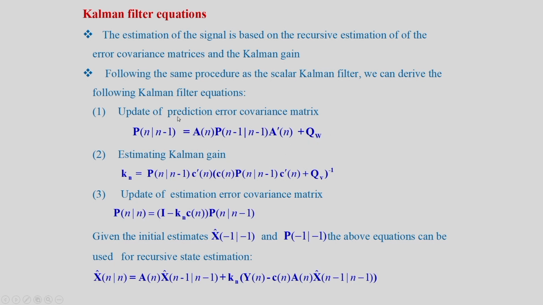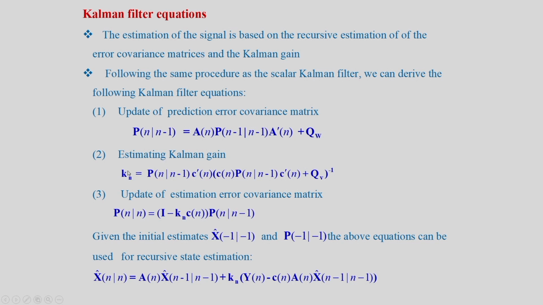First one is the update of the prediction error covariance matrix, and this is given by P of n given n minus 1 is equal to A n into P of n minus 1 given n minus 1 into A n transpose plus Q w, where A n is the system matrix or state matrix and Q w is the covariance matrix of the noise vector. So, that way we can find out the prediction error covariance in terms of the estimation error covariance of the previous iteration.